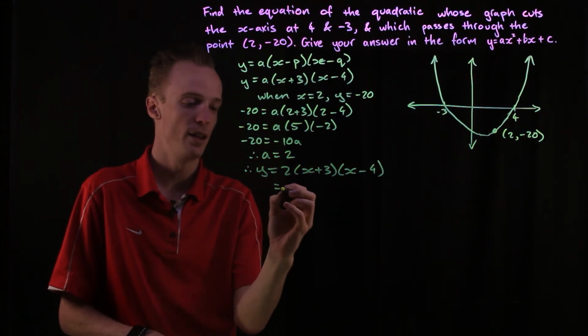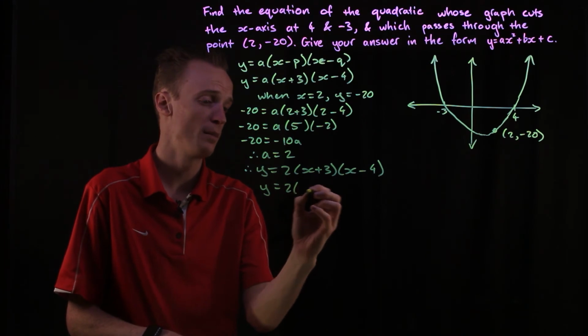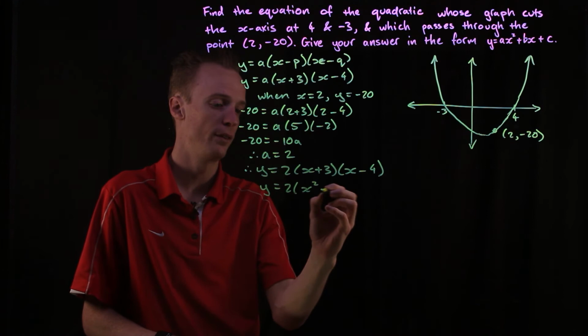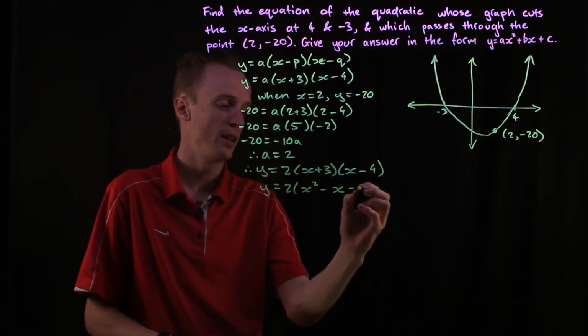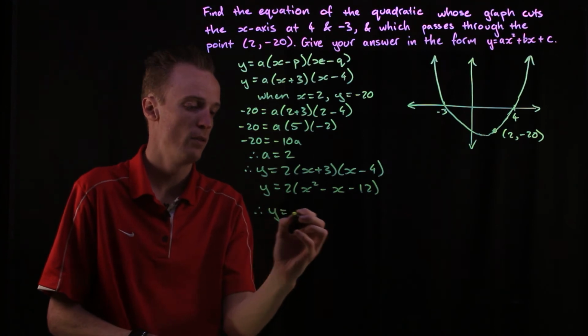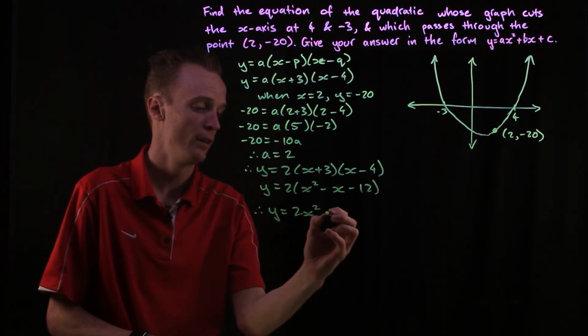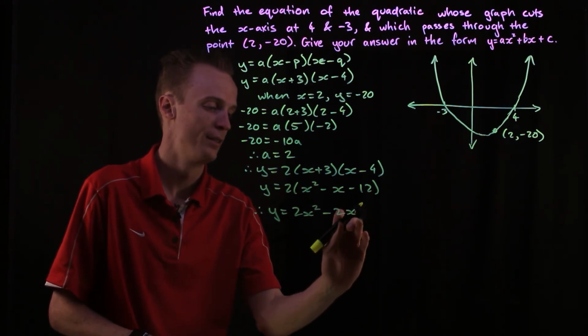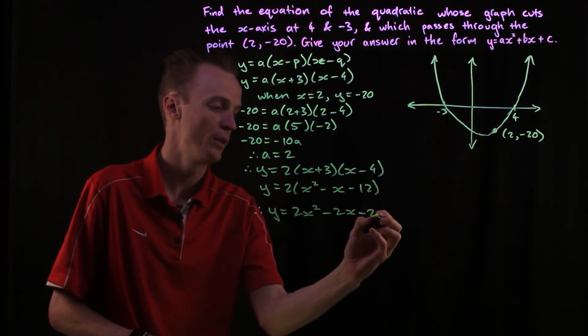So let's start doing that. So our y is going to be x² + 3x - 4x is -x, and then -12. And then multiply everything by 2. So therefore my y is 2x² - 2x - 24.